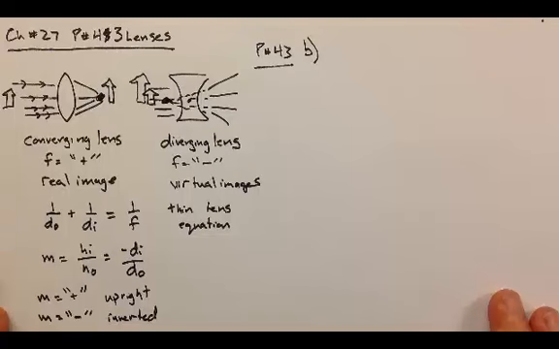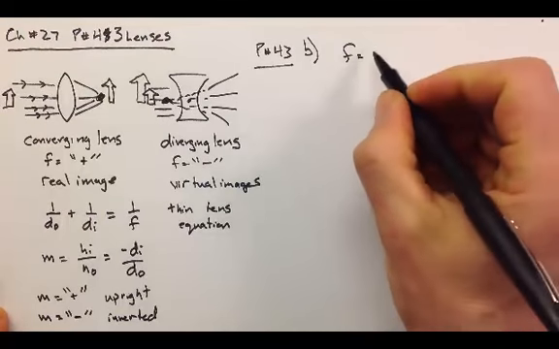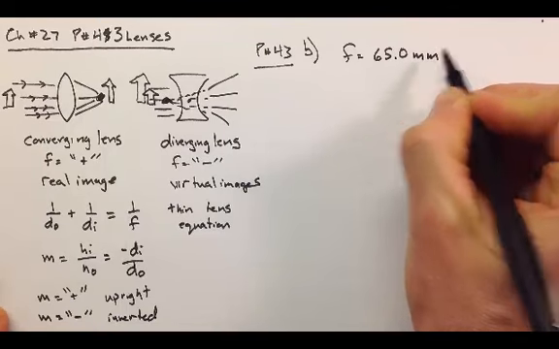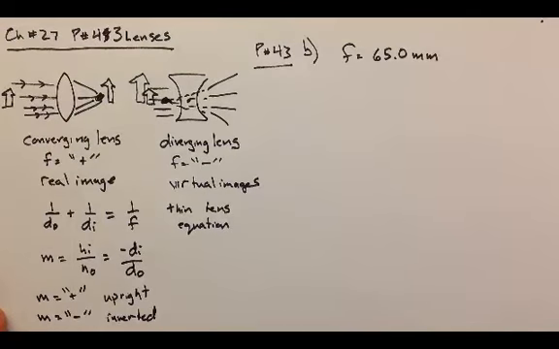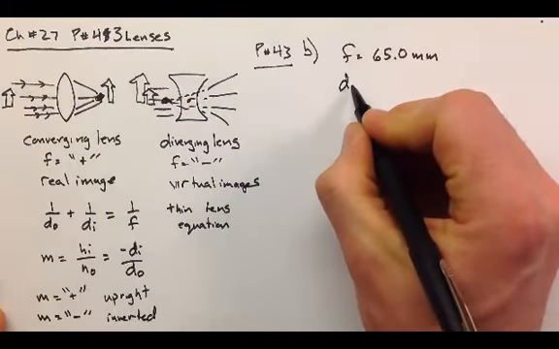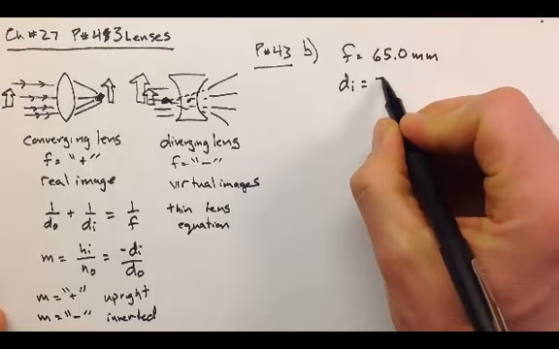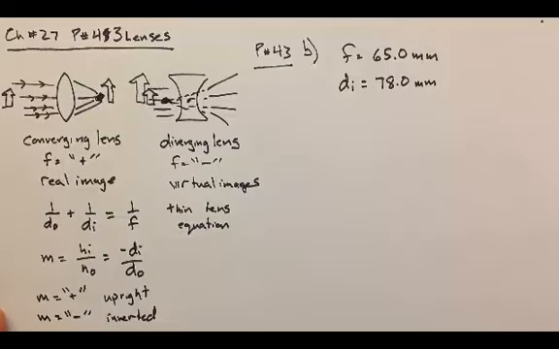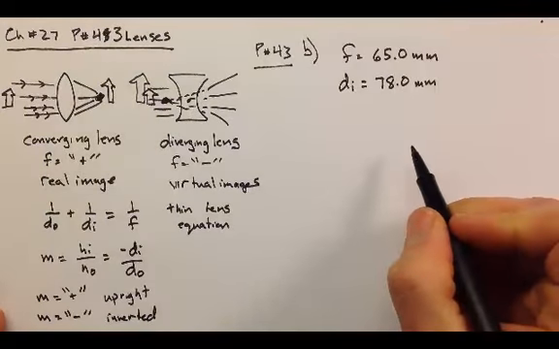Part B says I have an object, I have a lens, and it's a converging lens with a focal length of 65 millimeters. Furthermore, it states that the image formed by the lens is on the other side of the lens, and that a clear image is formed 78 millimeters from the lens.